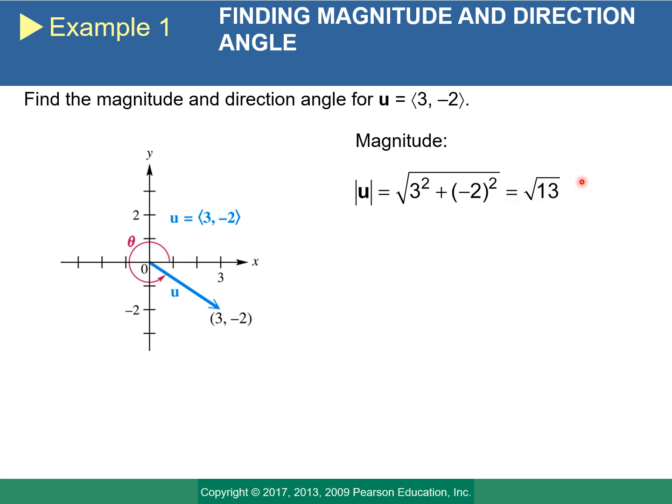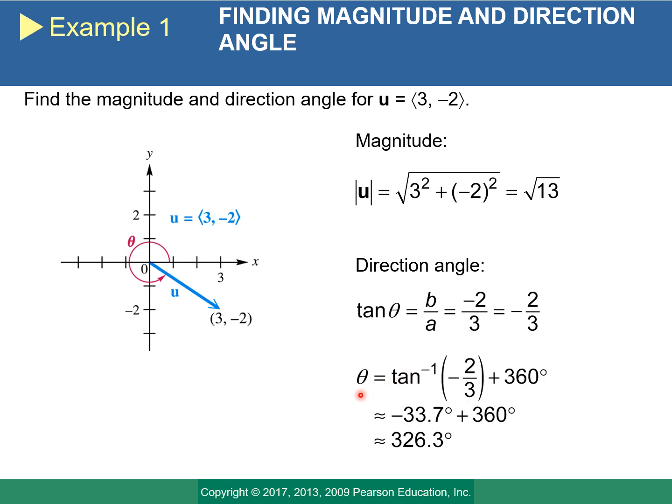So the length of this vector is about 3.6 units. For our direction angle, it has to satisfy tangent theta equals b over a. b is our vertical or y component, a is the horizontal or x component, so tangent theta is negative 2 over 3, and then you just solve for theta.